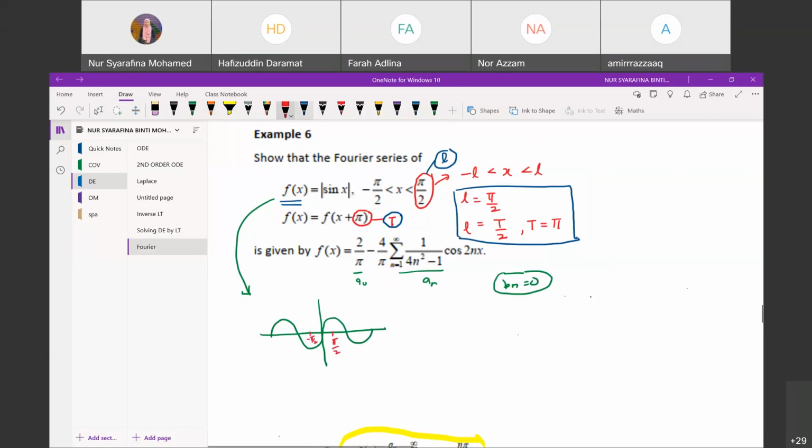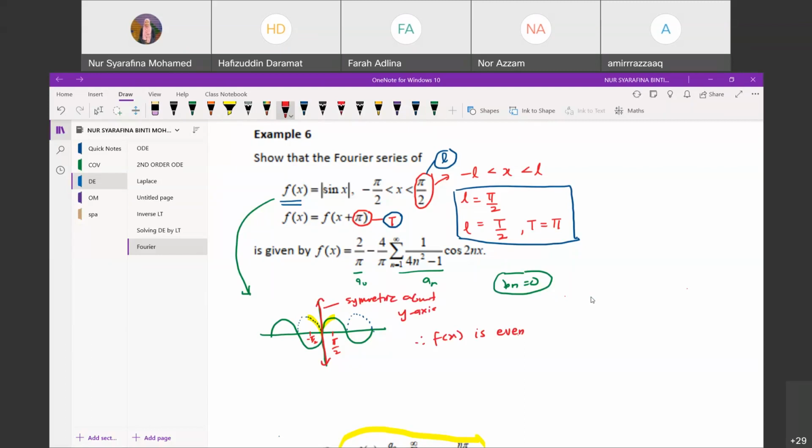In terms of modulus, all the negative values should be positive. From the range here, it only involves here to here, so as you can see, it is symmetric about the y-axis. Now you know that your function is even.